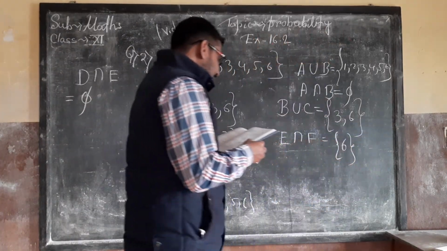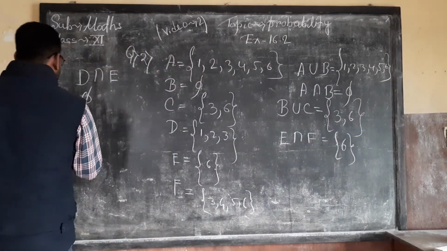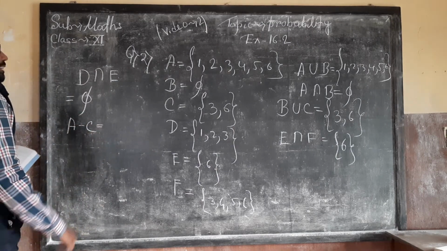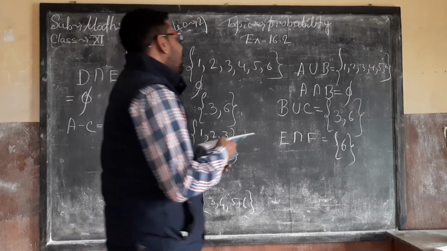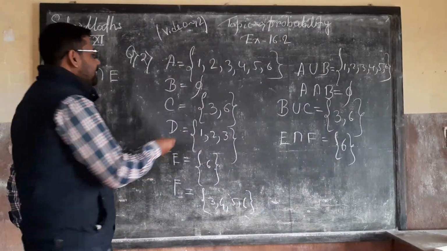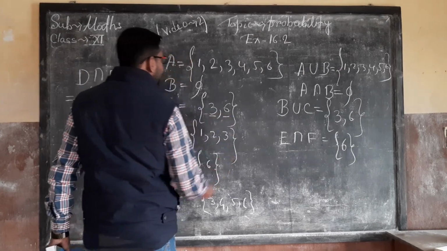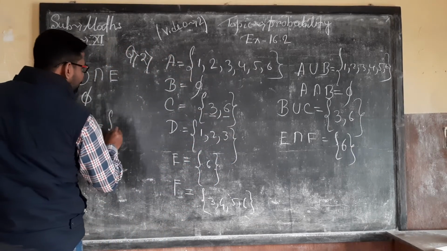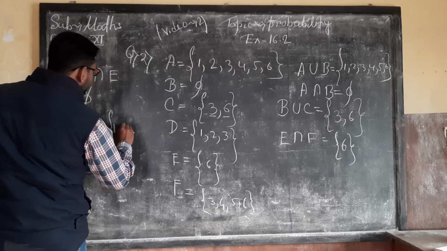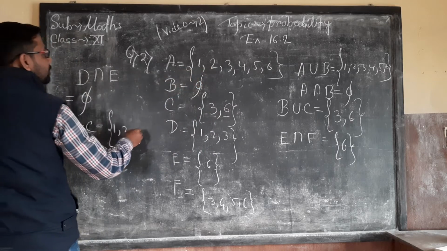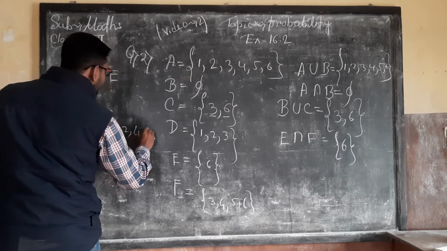A minus C. A minus C means consider all the values in A but not in C, and C contains 3 and 6. That means A minus C produces 1, 2, 4 and 5.